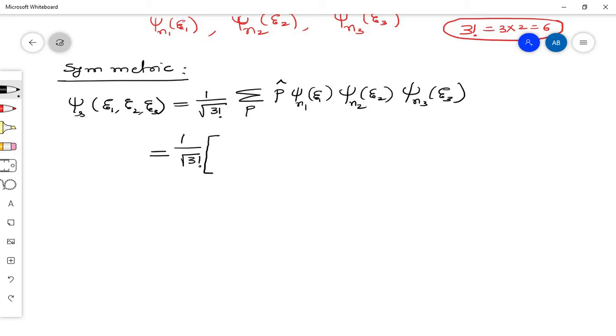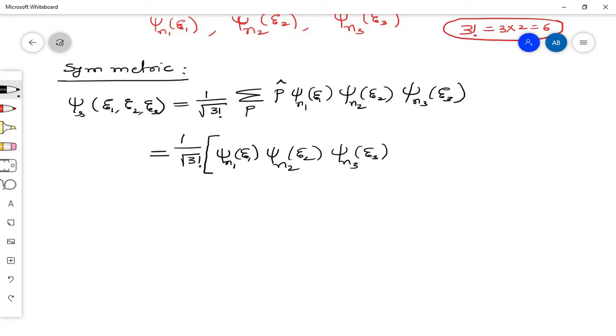And start writing the first, as usual, no permutation, that is psi n1 e1, psi n2 e2, psi n3 e3.